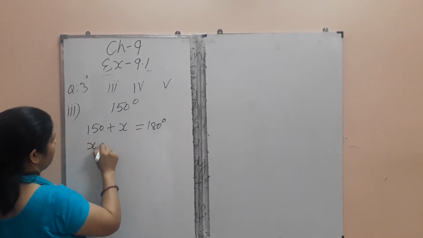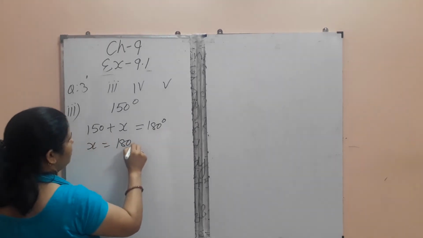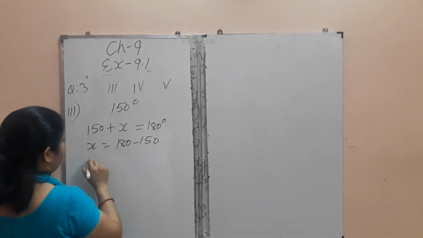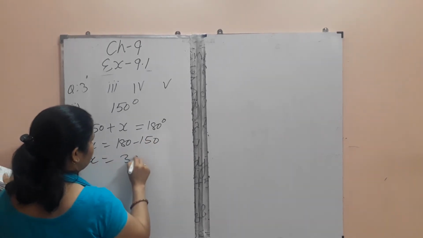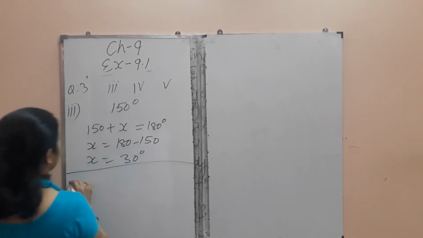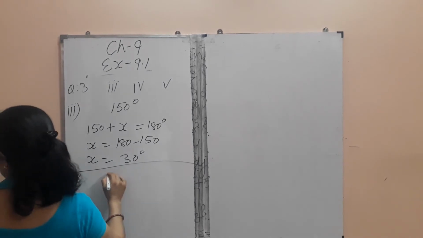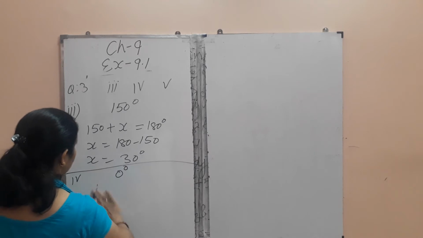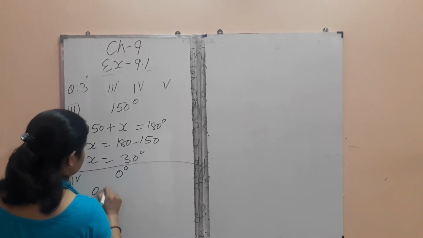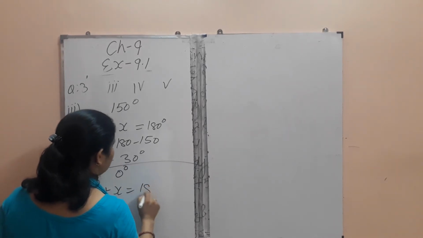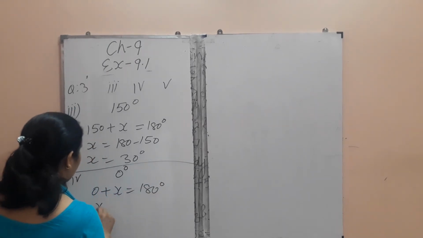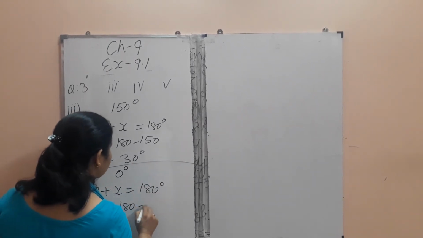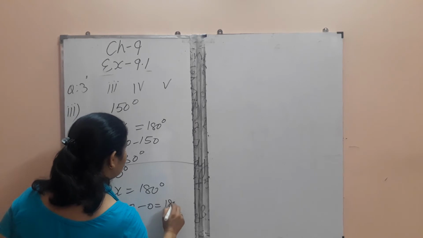So x will be 180 minus 150, x equals 30 degrees. The fourth part is 0 degrees. So 0 plus x equals 180 degrees, x equals 180 minus 0 equals 180.